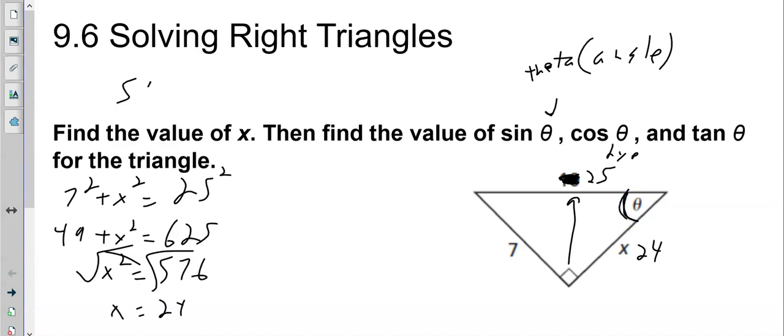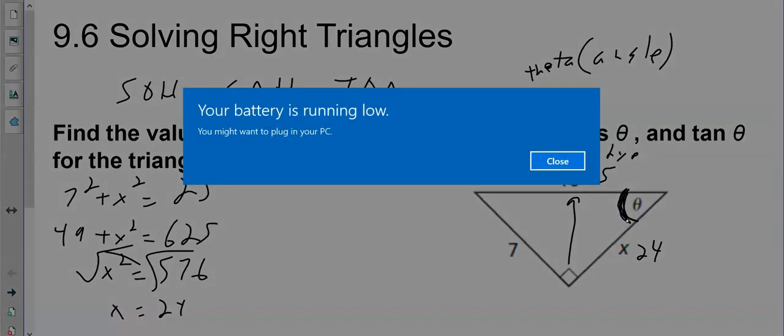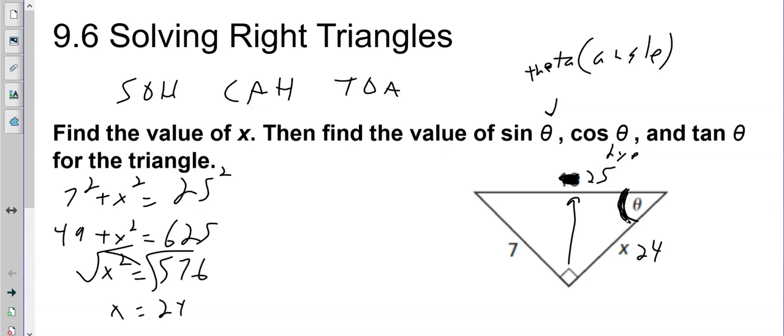So remember, sine is SOH, opposite over hypotenuse. Cosine is CAH, adjacent over hypotenuse. And tangent is TOA, opposite over adjacent. So from this angle, let's just do sine first.